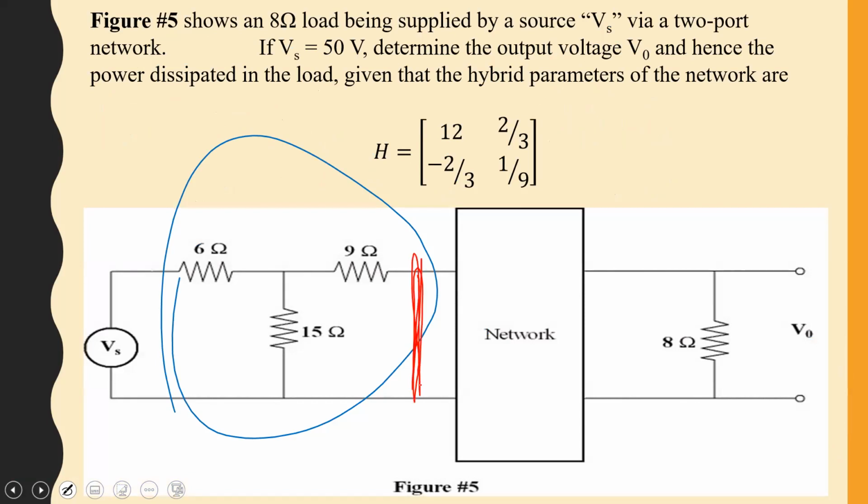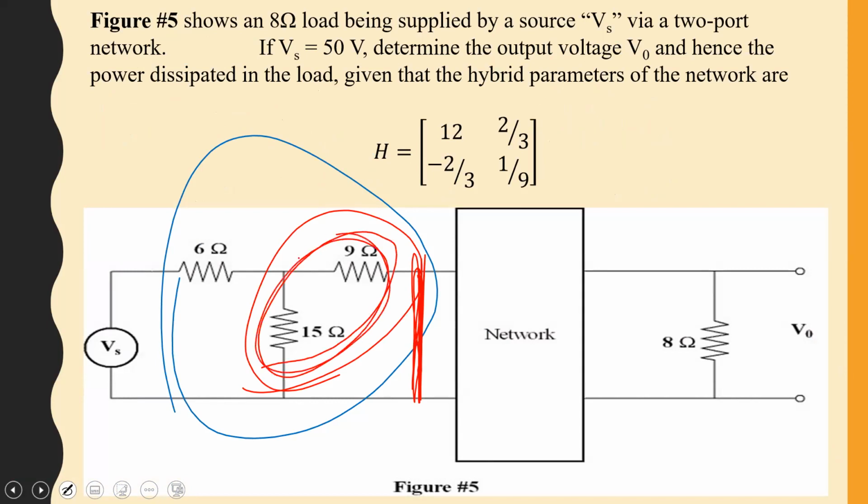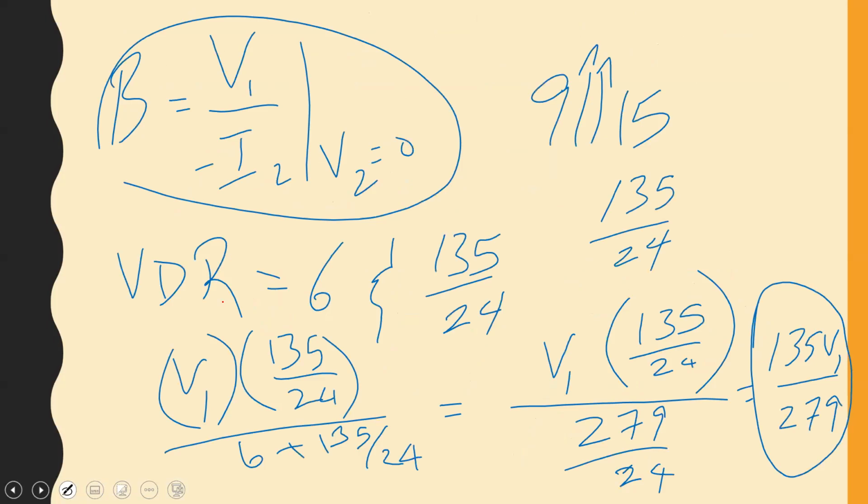So if I short-circuit this, it means that these two will be in parallel. So what I've done is to find the resultant of these two, which would then be in series with that. So the resultant is 135 over 24.